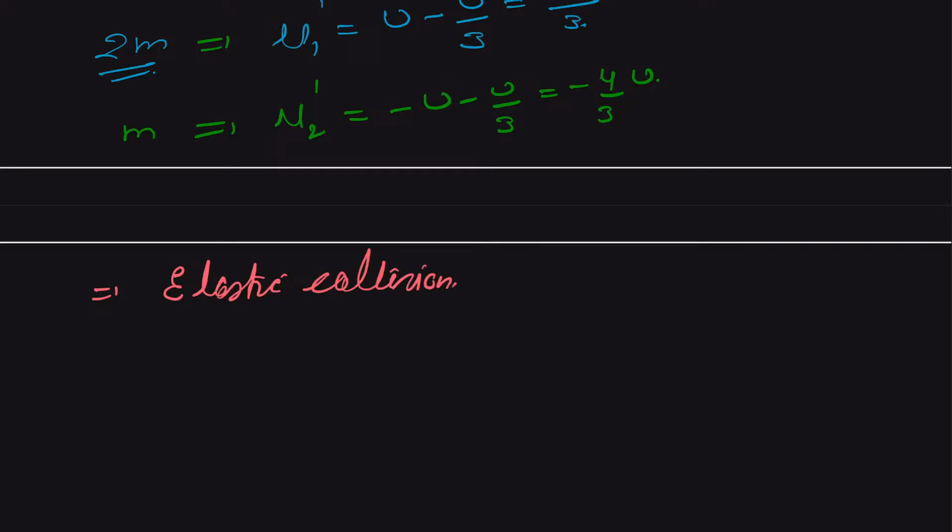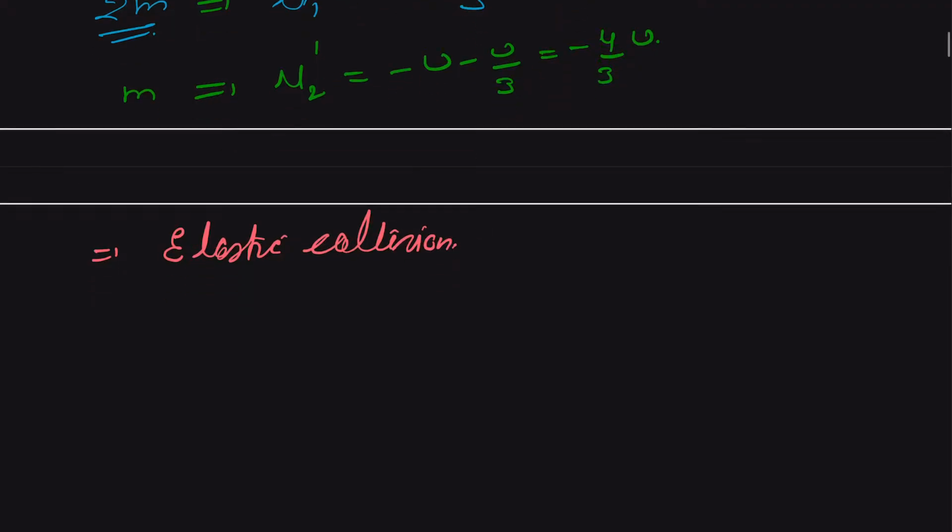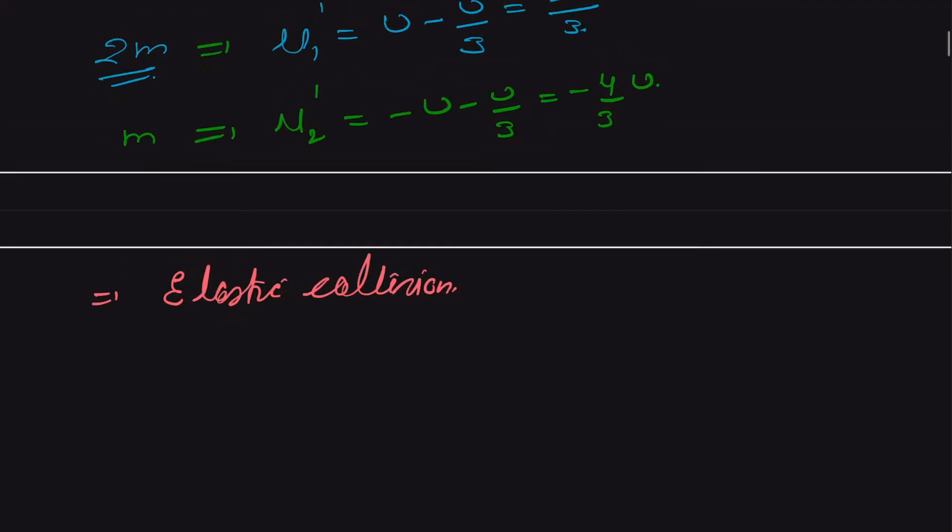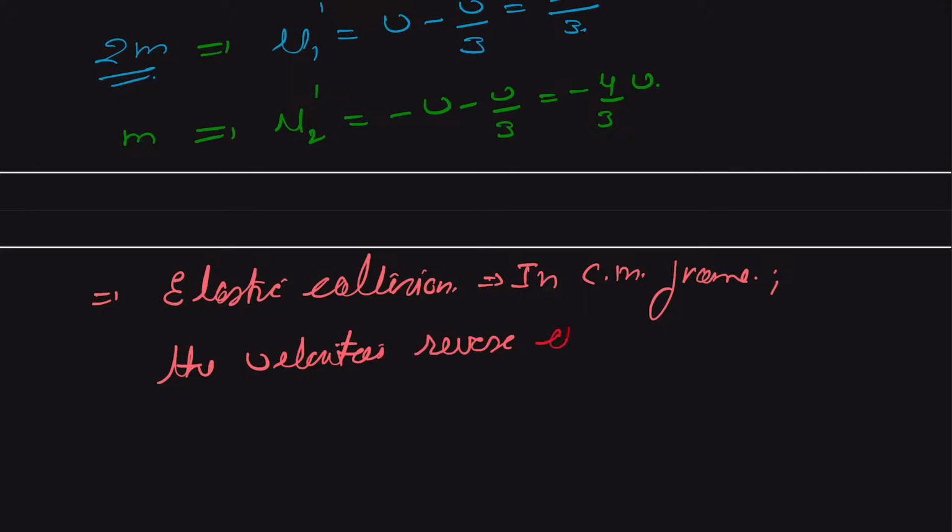So because of this elastic collision in center of mass, the velocities are going to reverse the direction after the collision. So we can say that because of this elastic collision in center of mass frame, the velocities reverse directions.